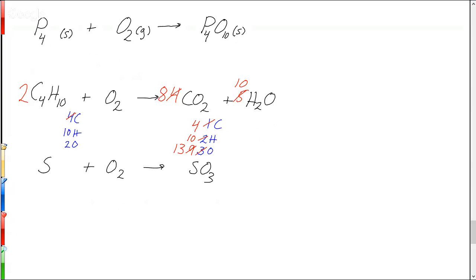Just to check everything, that gives you 8 carbons, 20 hydrogens. On the right, 8 carbons and 20 hydrogens. And now for oxygen, we've got 8 times 2 is 16, plus 10 is 26. So we can put a 13 here to get 13 times 2 is 26 total oxygens.